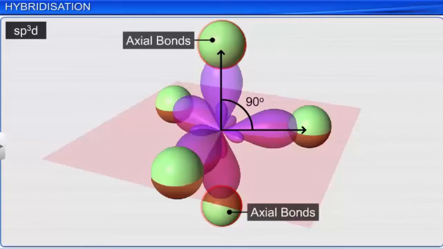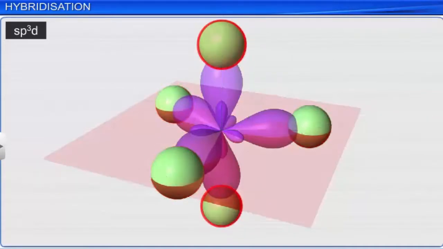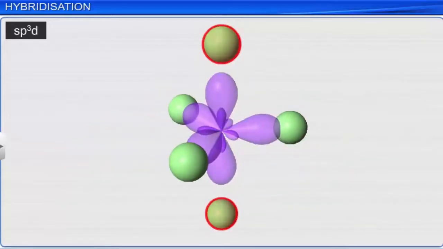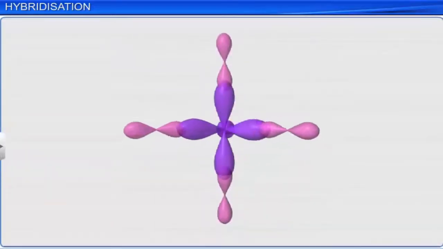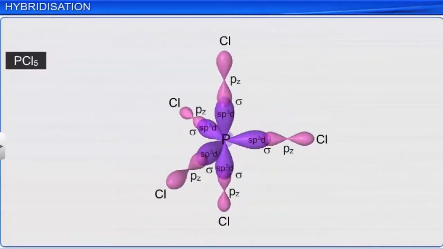The axial bonds are repulsed by the equatorial bonds, causing them to be longer and weaker than the equatorial bonds. Ultimately, this makes molecules with sp3d hybridization more reactive. The central atom, phosphorus, in the compound PCl5 displays sp3d hybridization.